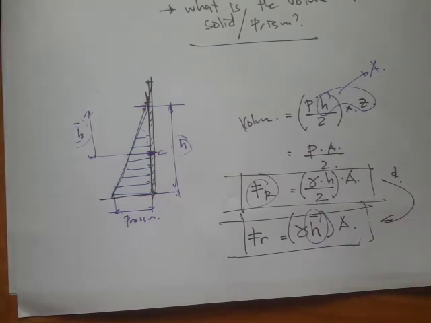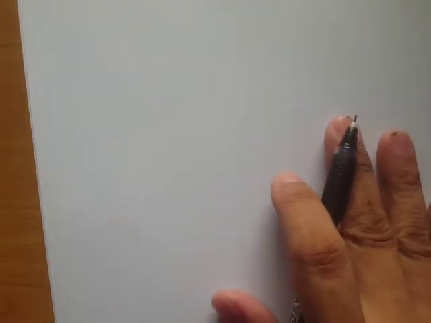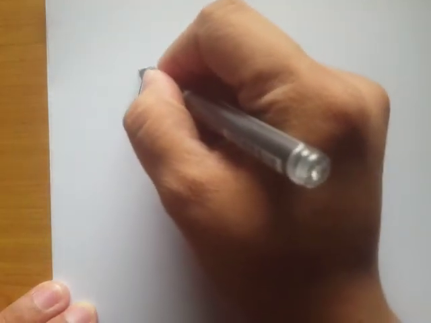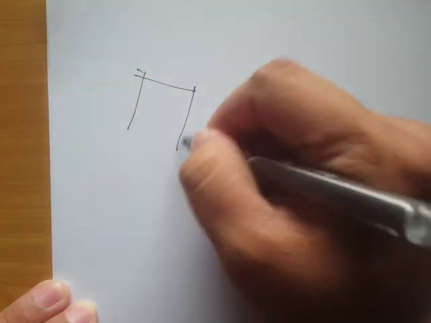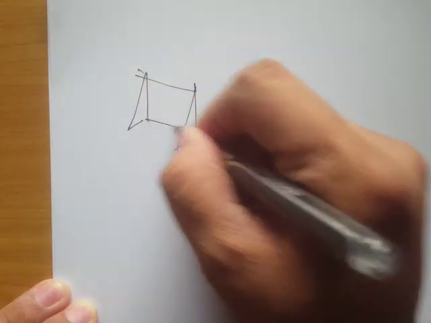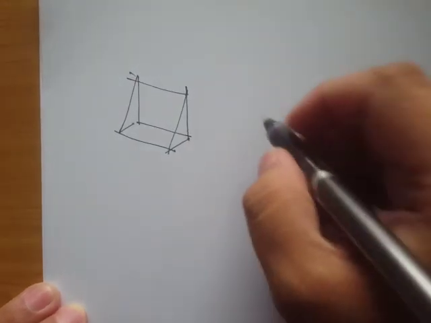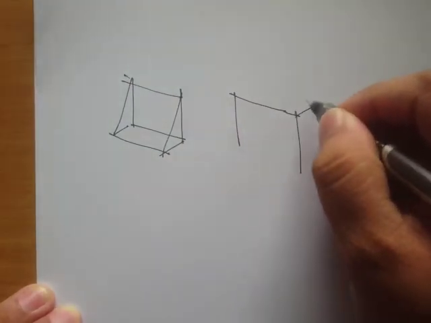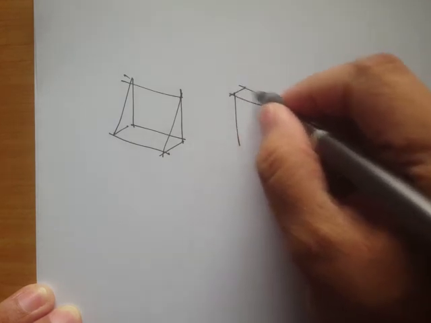Okay, so now let's try to build our skills on these volumes. Okay, so now let's try to consider this triangular prism. Okay, and it is also possible to have a rectangular prism or a combination of both.